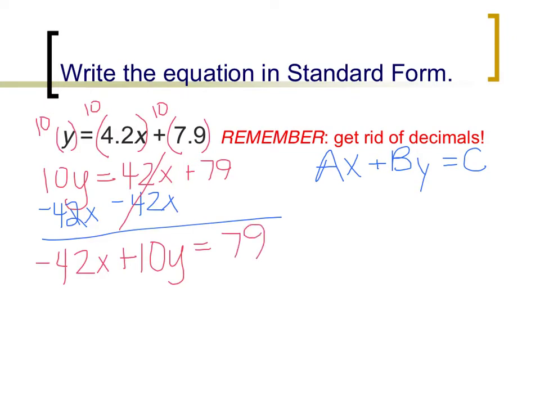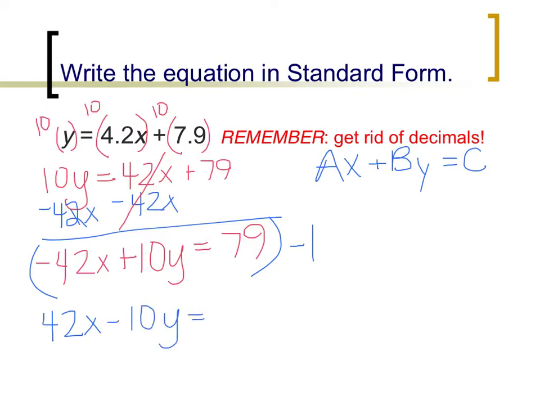Now, here's the problem. Remember we said that a cannot be negative. So I want to multiply the entire equation by negative 1. By doing that, negative 1 times negative 42 changes it to a positive 42x. Negative 1 times positive 10y will change it to negative 10y.